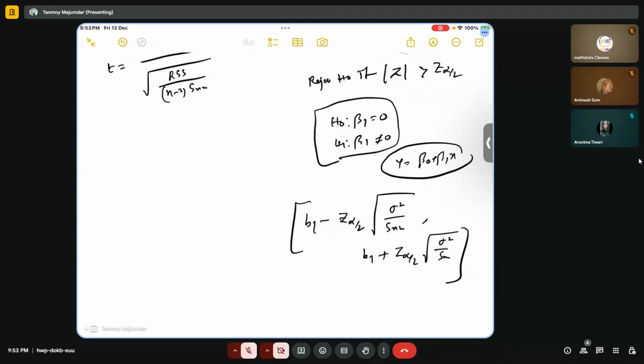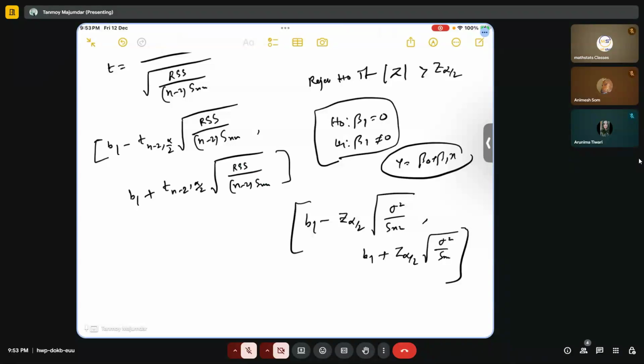In that case, we also have the confidence interval, which comes from the same t statistic. The lower limit is b1 minus t with n minus 2 degrees of freedom, alpha by 2, times the remaining term, root over RSS divided by n minus 2 times Sxx, and the upper confidence limit will be b1 plus t with n minus 2, alpha by 2, into root over RSS by n minus 2 Sxx.